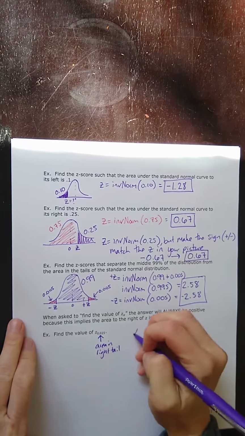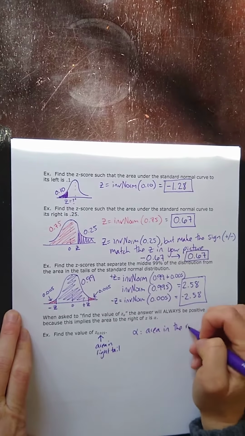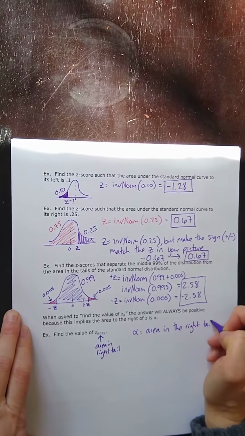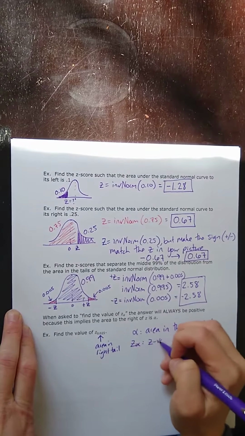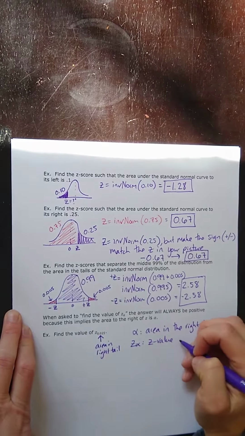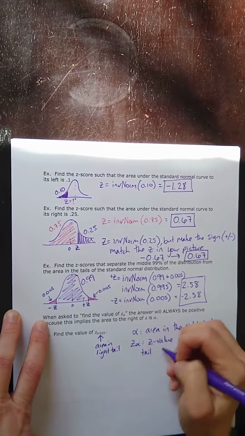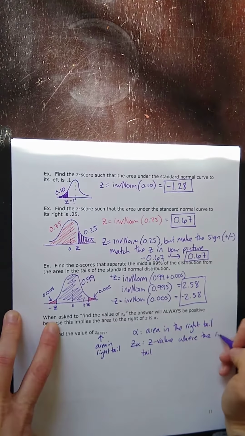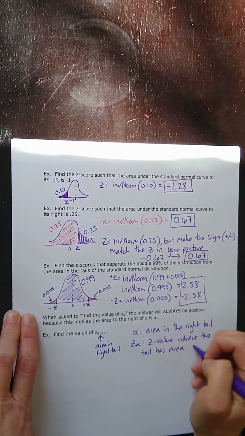Okay, so alpha is the area in the right tail. So z alpha is the z value, or the z score, where the right tail has area alpha.